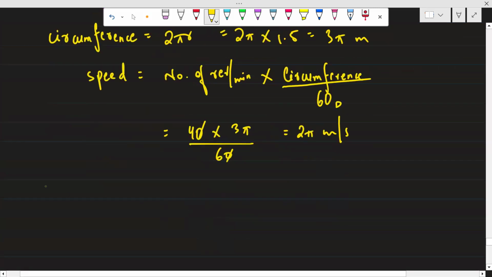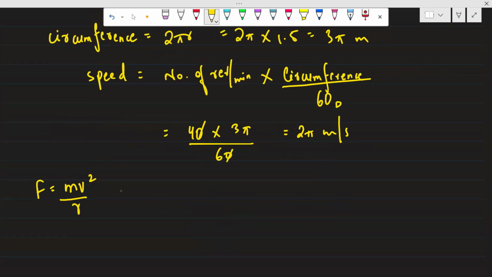Now, centripetal force, I think we have not discussed in the class. Centripetal force is mv square by r. So mass is 0.25, v is 2 pi, that will be 4 pi square, by the radius 1.5. You solve this, you will get the centripetal force. Now, this centripetal force will be provided by the tension in the string.